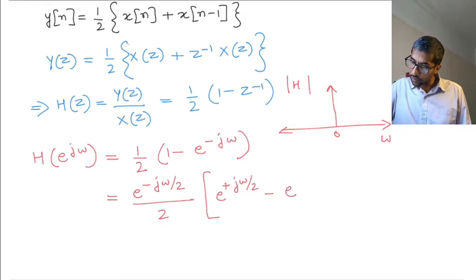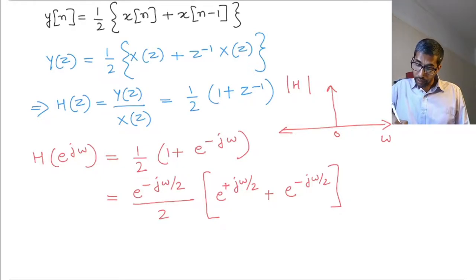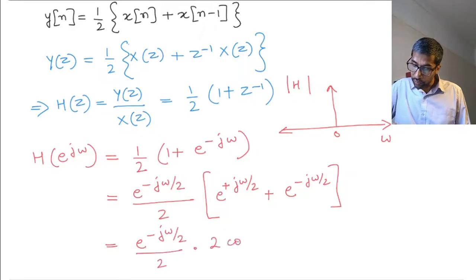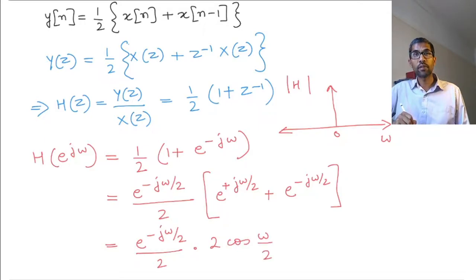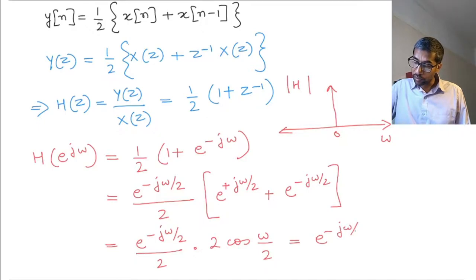Actually this should not have been a minus, it's a plus, and therefore this is a plus. This can be written as e^(-jω/2) over 2 times 2 cos(ω/2), and therefore this is e^(-jω/2) times cos(ω/2).